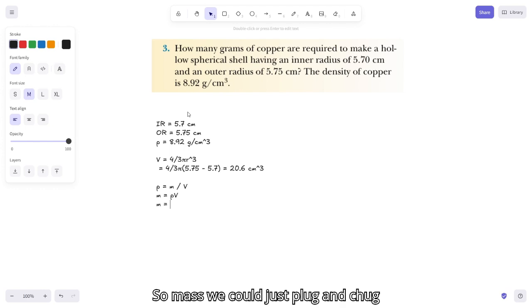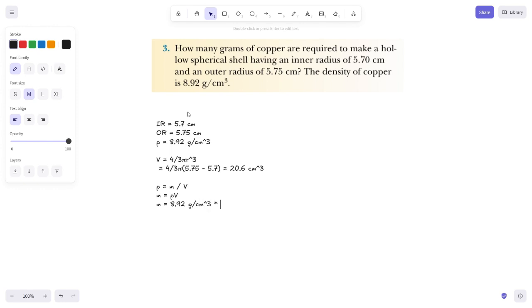So for the mass, we could just plug and chug: 8.92 grams per centimeter cubed times 20.6 centimeters cubed, and this will equal around 1.84 times 10 to the power of 2 grams, which equates to 184 grams of copper required.